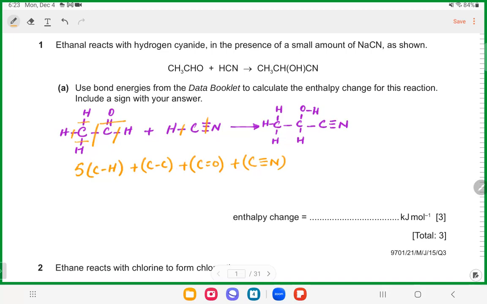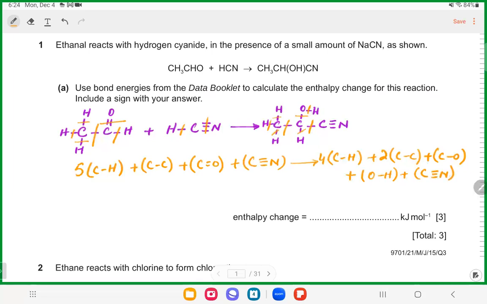ये common error है कि आप bond count करना भूल जाते हैं. Now carbon-hydrogen 1, 2, 3, 4. So you have 4 carbon-hydrogen bonds plus 1, 2, 2 carbon-carbon bonds plus 1 carbon-oxygen bond plus 1 oxygen-hydrogen bond and 1 carbon triple covalent bond carbon.